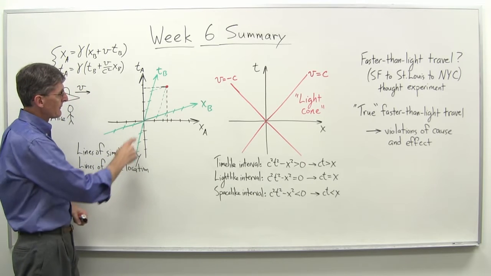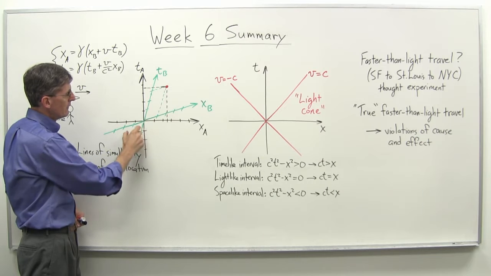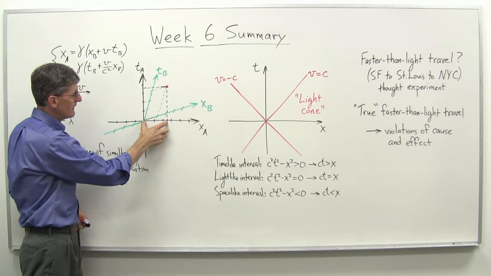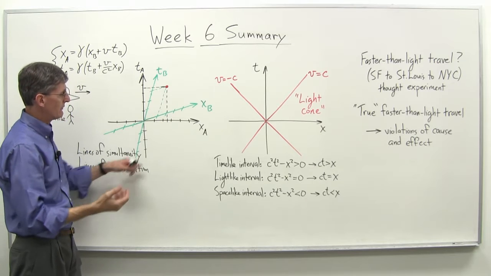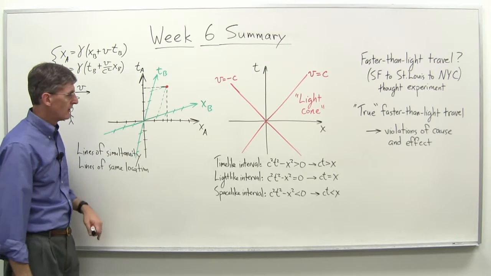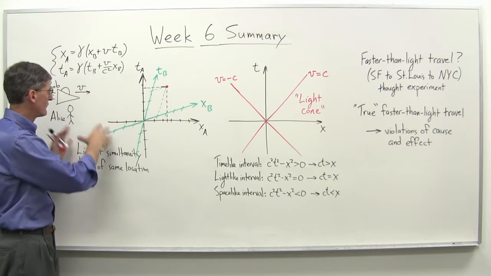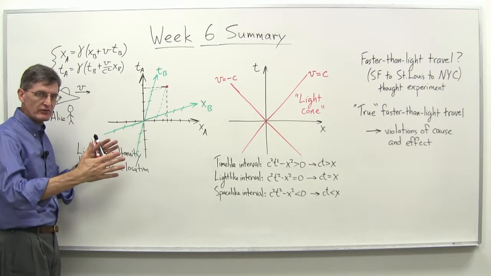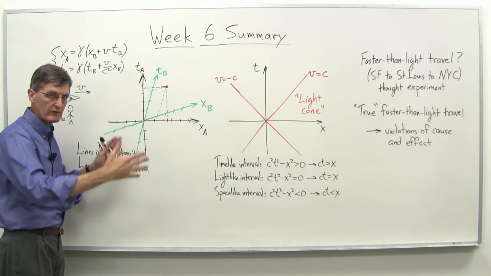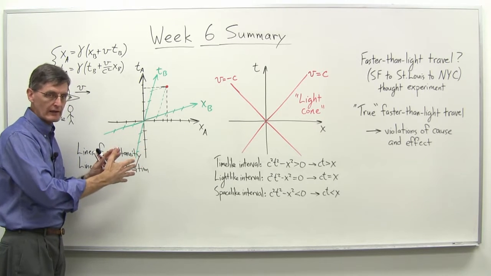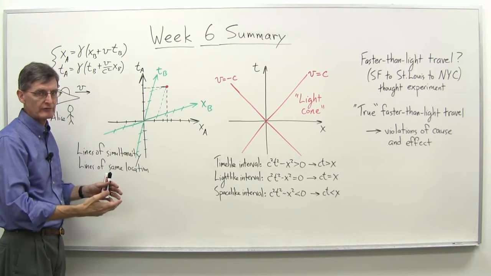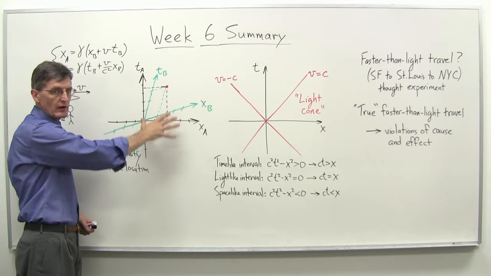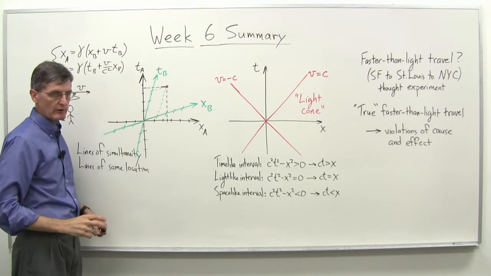For Bob the distance is x sub b equals 1, while Alice is reading x sub a equals 2.5 or so. As she observes Bob going by at some velocity v, she sees objects in his frame of reference contract in length versus their rest length in Bob's frame. So you can see both length contraction and time dilation if you look at the diagram carefully.